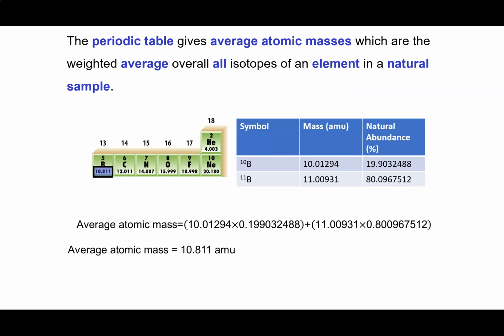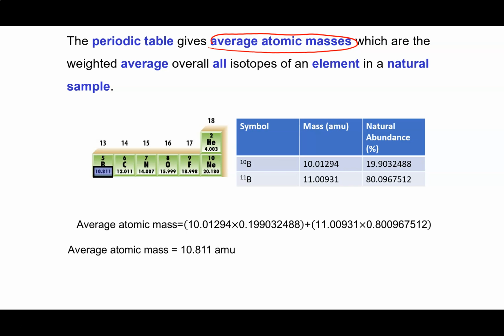So when you look at the periodic table, as I mentioned, you'll see average atomic masses written underneath every element, which take into account all of the isotopes that are present in a natural sample of that element. So elements are present in nature in characteristic proportions of their isotopes.